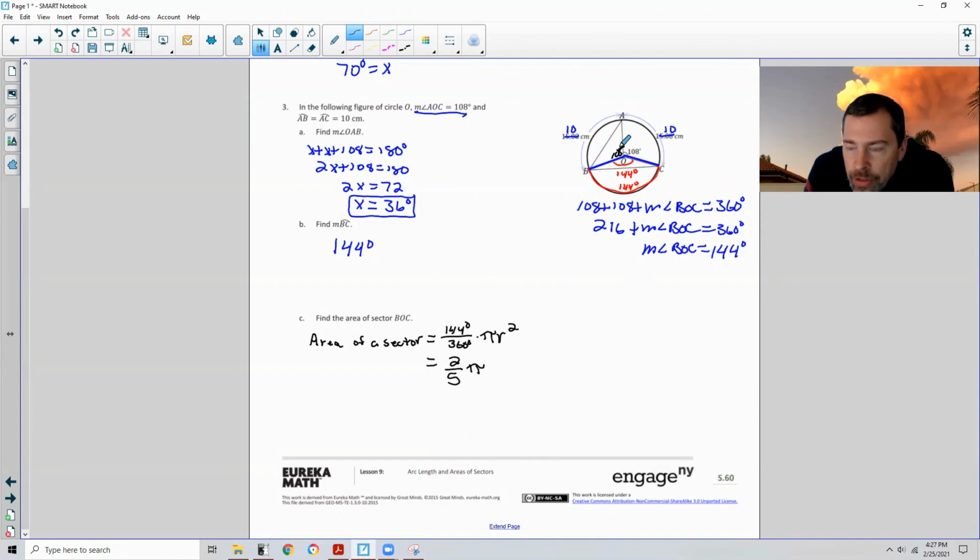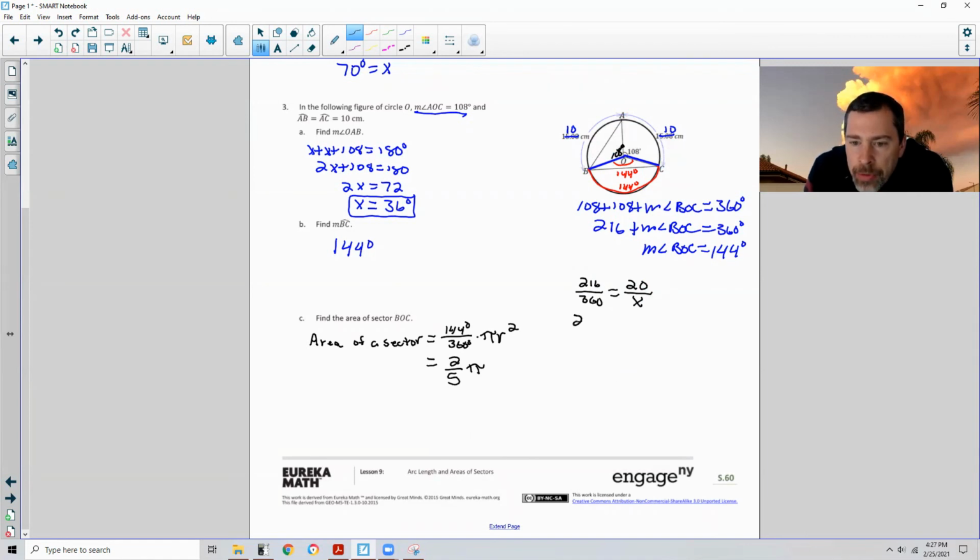So I took that 108 plus 108 and I said 216 over a full circle. So this portion of this circle divided by the whole thing is equal to this portion of the circle, which is 10 plus 10 or 20 divided by the whole thing, which we don't know.